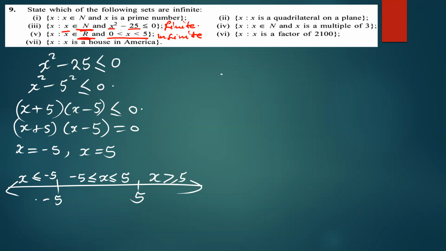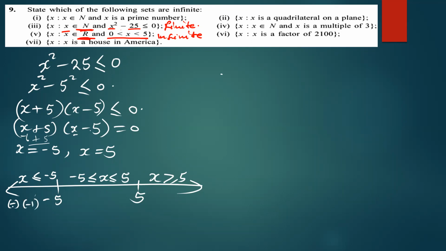So we can test the points. If we get any value that is less than -5, we can try -6. We put -6 there, and then we say +5. -6 plus 5 will give us -1, so we expect to have a negative there. And then -6 minus 5 will be -11, so we'll still have another negative.